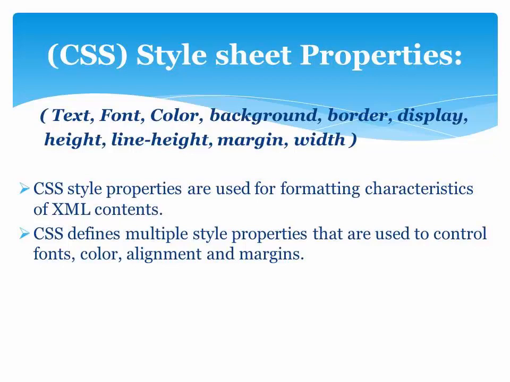I mention XML here because if you want to display an XML document, CSS is an essential part. But in an HTML document you can also use CSS. CSS defines multiple style properties that are used to control font, color, alignment, margin, etc. You will see these frequently in the upcoming slides.